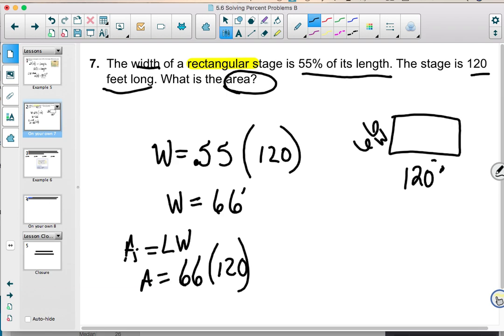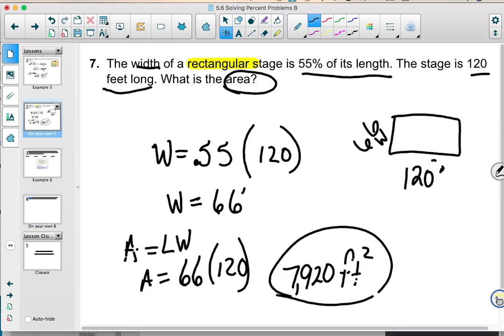Say that again. 7,920. Okay, gotcha. 7,920 feet squared. That's my final answer.